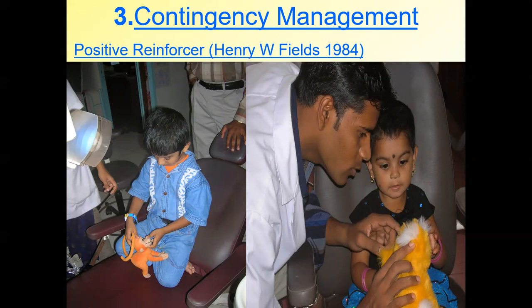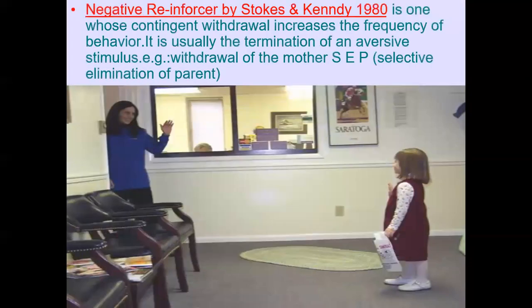That all comes under positive reinforcement. So the child will understand that if he or she sits properly for the treatment, or shows good behavior during the treatment, he'll be rewarded. So that is meant by positive reinforcement.